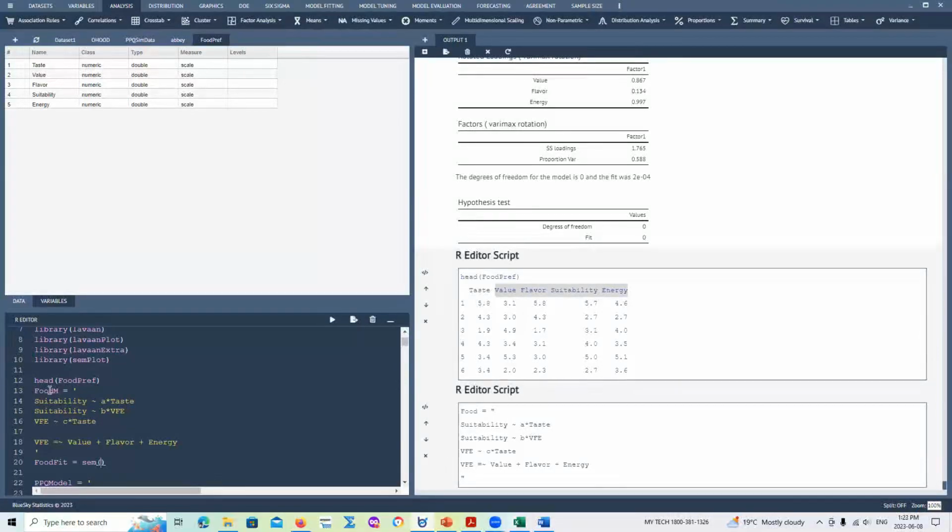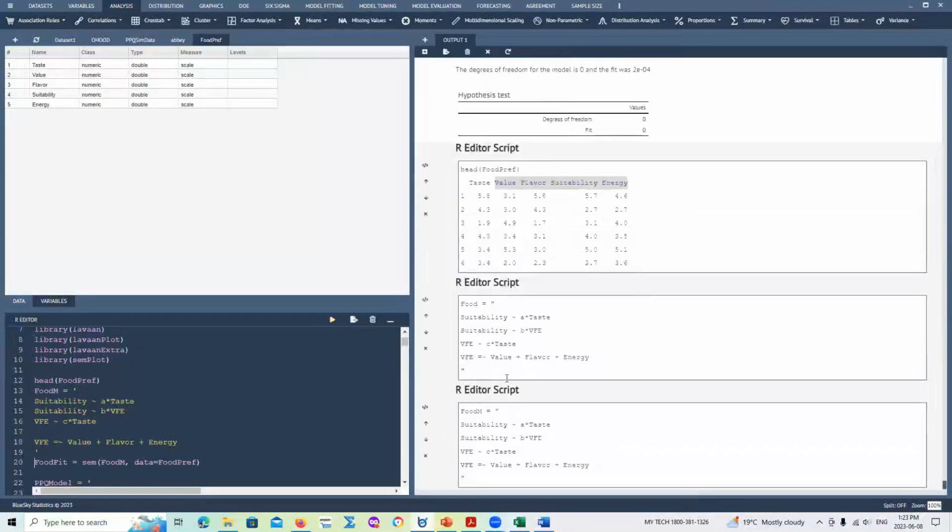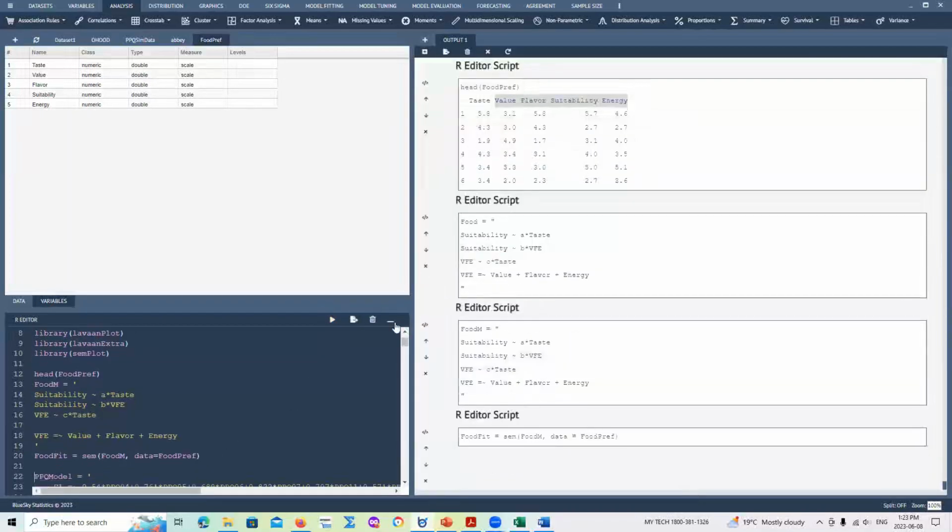Our model from here. We take the model that we are fitting, comma, data equals to what the name of our data set is here, food pref. Is that food pref? Yeah, right here, food pref. My data equals to food pref. So hopefully it's not going to give us some ridiculous errors. Then I must remember to run this. And then I'll run this, and it should be fine.